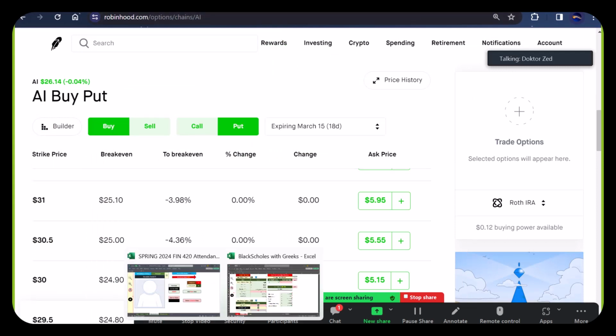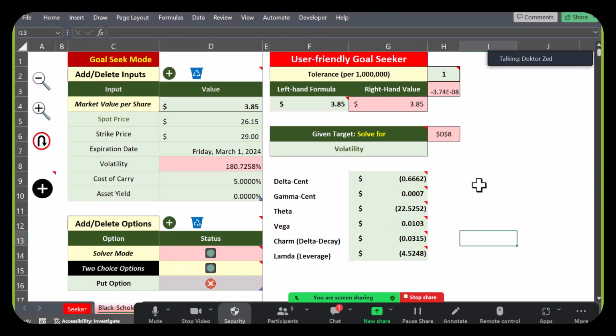So let's go back to this option. Now, if I were running an option book and I sold this option, it has a negative delta. That means it's a put. That's normal. As the price of this stock goes up, value of the option goes down. So my risk is on the downside.